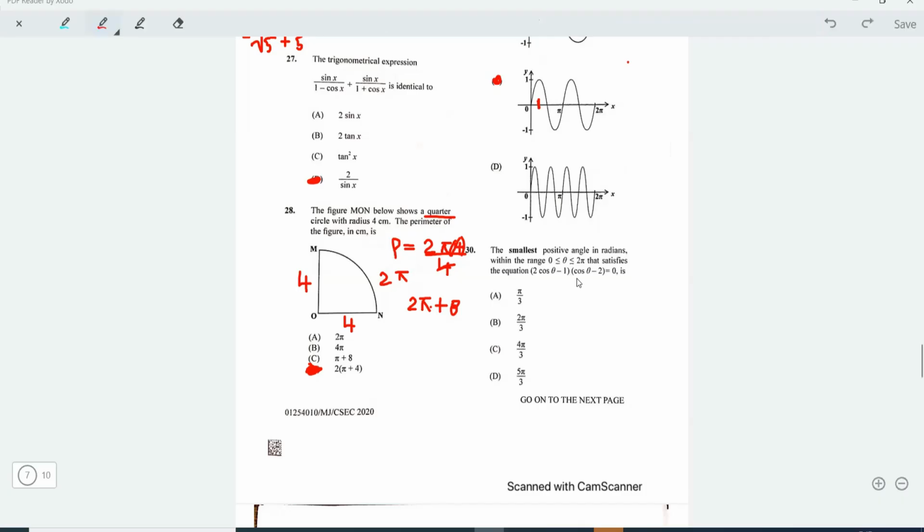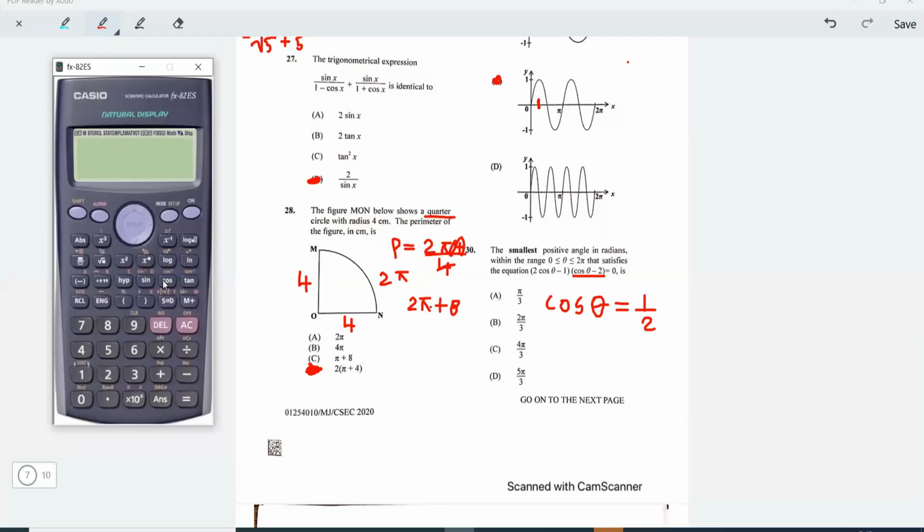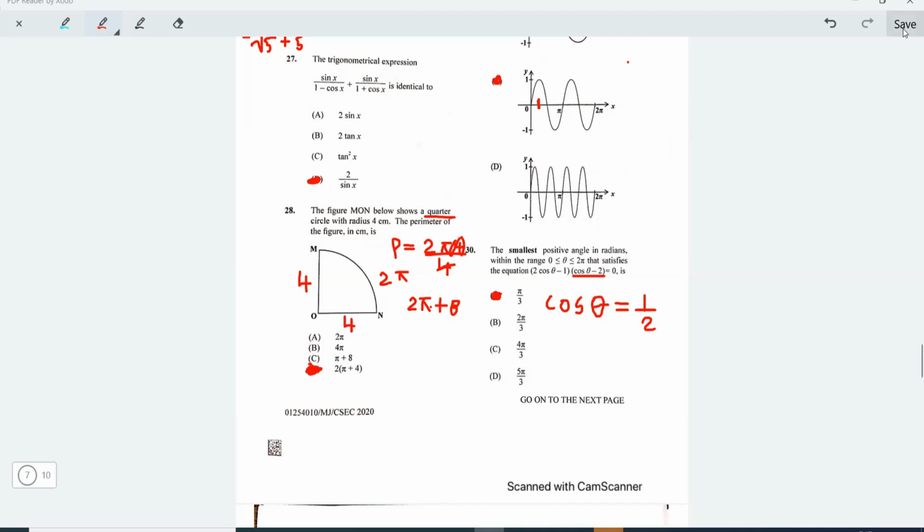Now this part was out already, cos theta cannot equal 2. So you're only going to look at this part. From this part, you're going to end up with cos theta equal to a half. And if cos theta equals a half, you just put it in your calculator. Cos inverse of a half. See there? Cos inverse of a half, you get pi by 3. That's the answer. Pi by 3. Option A. Easy. Nice.